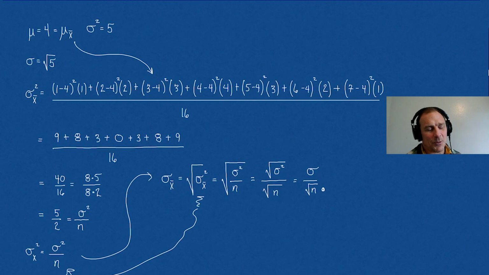Let's sum this up. The central limit theorem is one of the most powerful theorems in mathematics when you think about what you just did. You took a uniform distribution, and then you found its mean and its variance. Then you took from that all possible samples of size 2, and you found that the mean of the sample means is the original mean, and you found the variance of the samples to be almost the same.